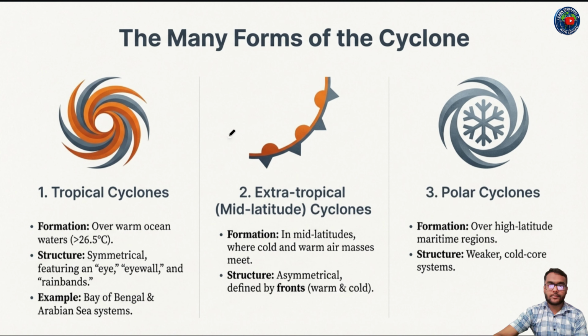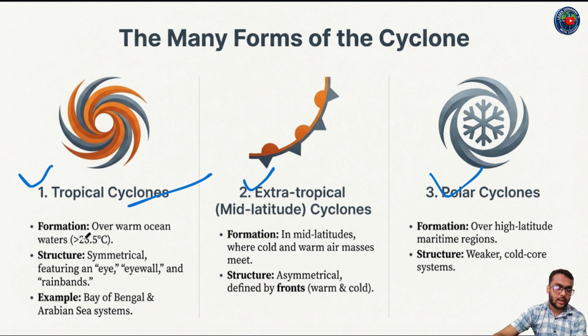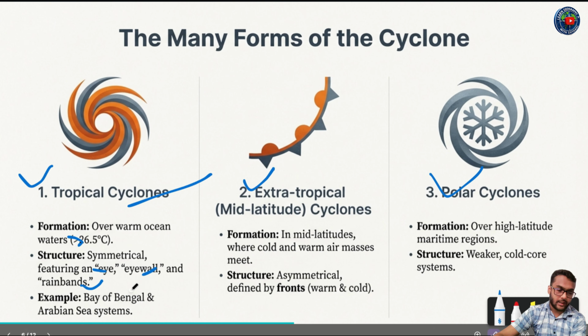There are many forms of cyclones, but basically three types are predominantly found in the Earth's atmosphere: tropical cyclones, extratropical or mid-latitude cyclones, and polar cyclones. Tropical cyclones form over warm ocean water, with temperature above 26.5 degrees Celsius, and are symmetrical, featuring an eye wall and rain bands. An example is the Bay of Bengal and Arabian Sea systems.